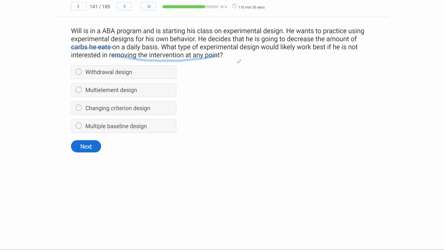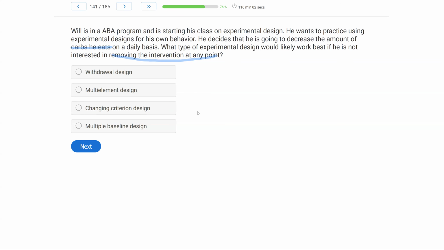That rules out the withdrawal design. He hasn't talked about using multiple interventions or alternating between interventions, so the multi-element design doesn't make a whole lot of sense since he's trying to target the decrease in carbs explicitly. So what makes the most sense is a changing criterion design.